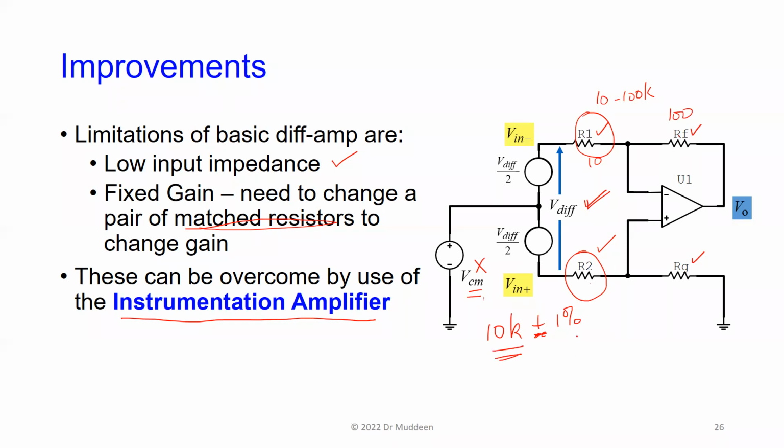So you should land up with what you said, 10.01K. Is that right? Right, and then if the other one is 10K minus 1%, you should get 9.99K or something like that. Yeah. And the same thing for the 100K resistors, exactly.